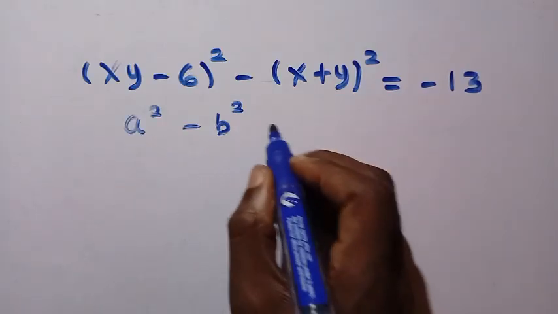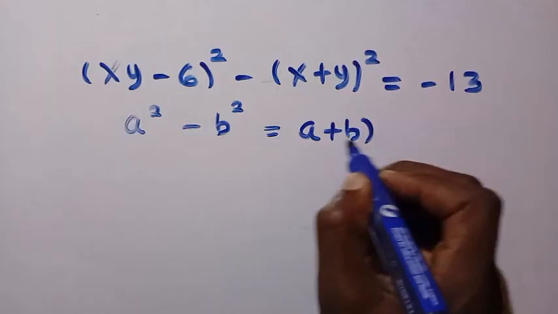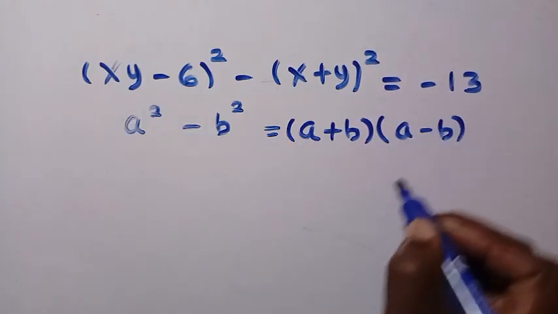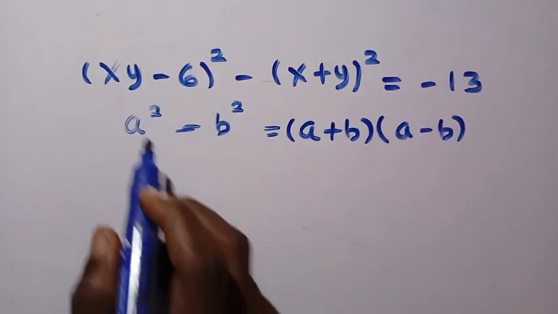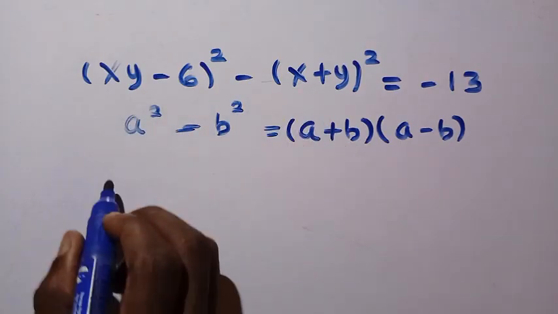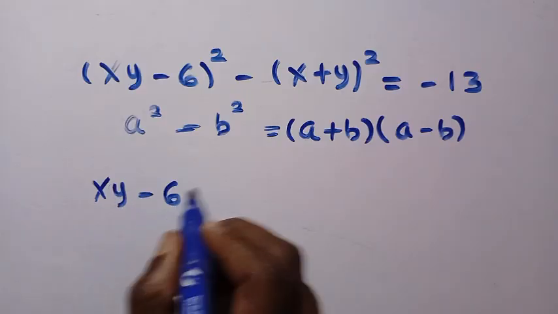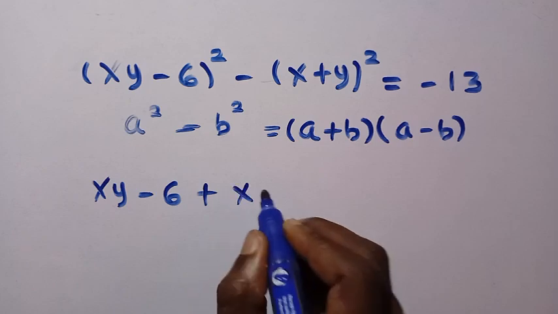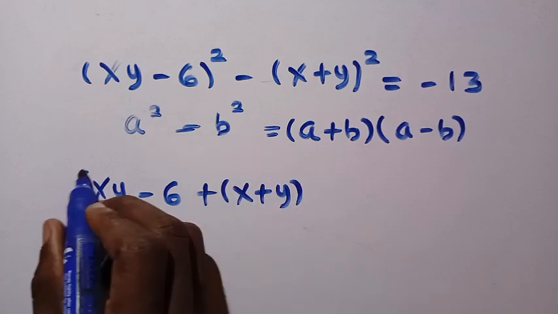By taking the difference of these two squares, we write it as (a + b) multiplied by (a − b). Applying it to this, we are going to have (xy − 6) going for positive first, plus (x + y), all this in brackets.